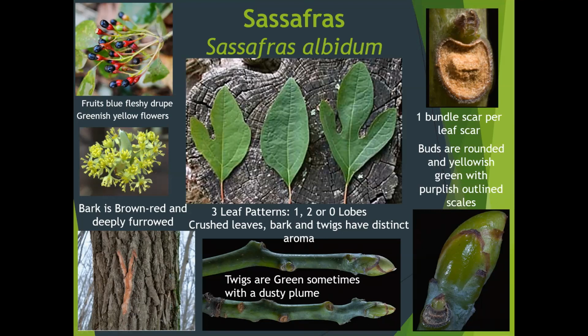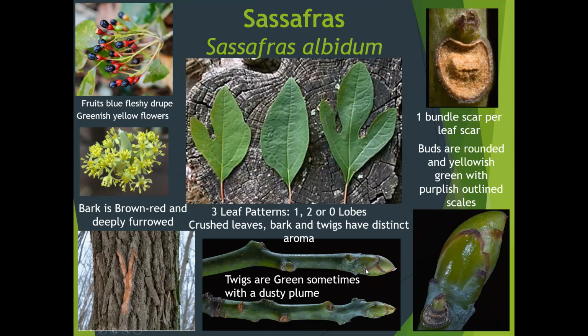They bear fruits that are blue, fleshy drupes or berries that come out in clusters. And same thing with the flowers. They come out in clusters, and they're a greenish yellow flower that's very small. The buds are rounded and yellowish green, but they have this purplish outline for their scales.